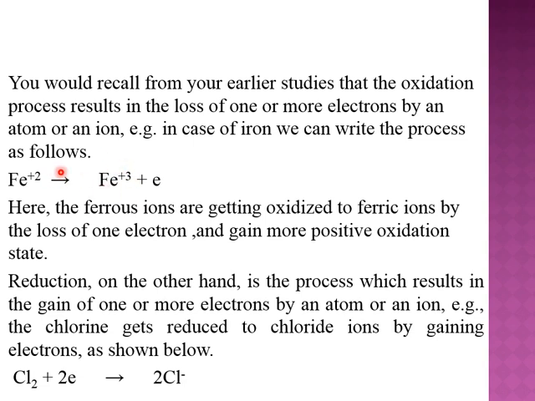But the chlorine gains an electron; gain of one or more electrons by an atom or ion is called reduction. Here chlorine gains an electron to be reduced to chloride. This is a reduction reaction.